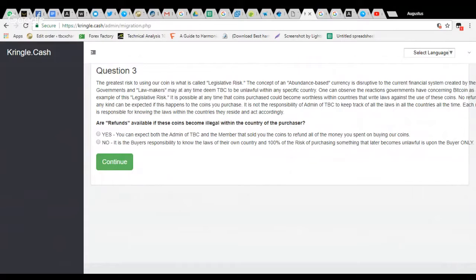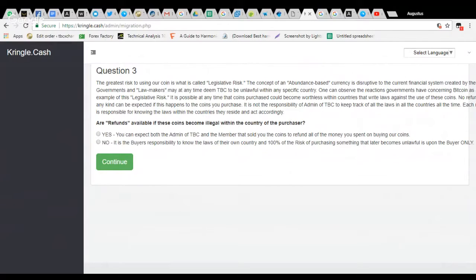So this is saying that if there is any federal law in your country that says that cryptocurrency is unlawful, it is your responsibility to know the laws of your country, but it is not the duty of the admin to know the laws of your country. So you have to bear any risk in buying TVC coin.